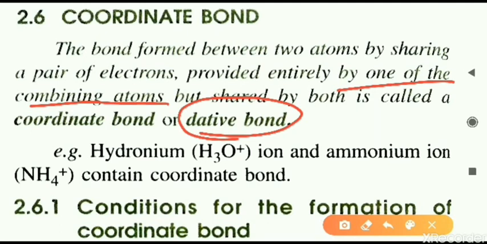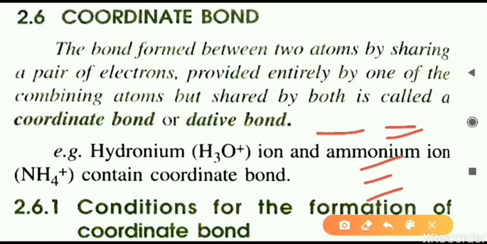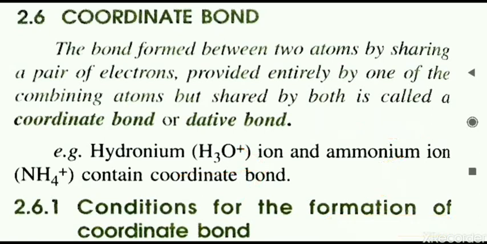These types of bonds are represented by an arrow symbol. Wherever you find a coordinate bond, we can show it with an arrow in the structure of that molecule. The covalent bond, as you already know, is shown by a small dash: single bond, double bond, and triple bond. But in the case of a coordinate bond, we make an arrow symbol.